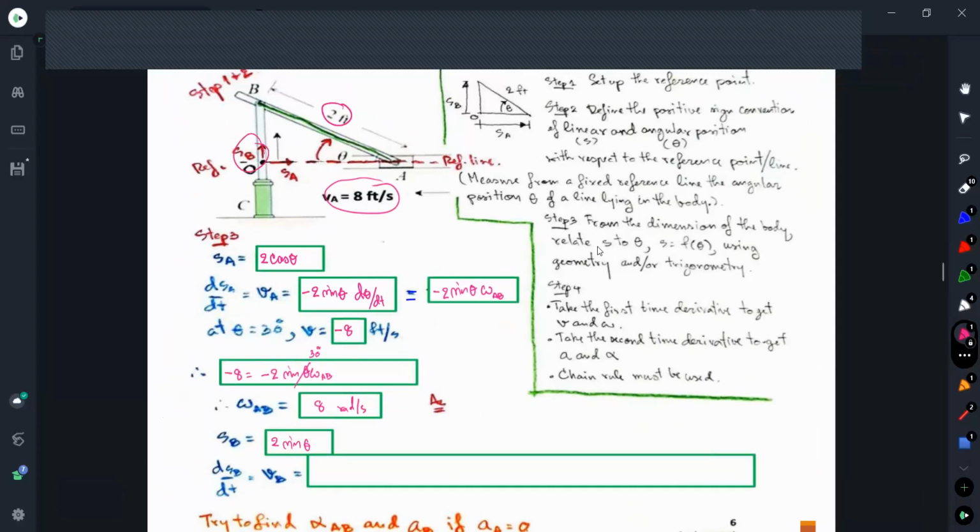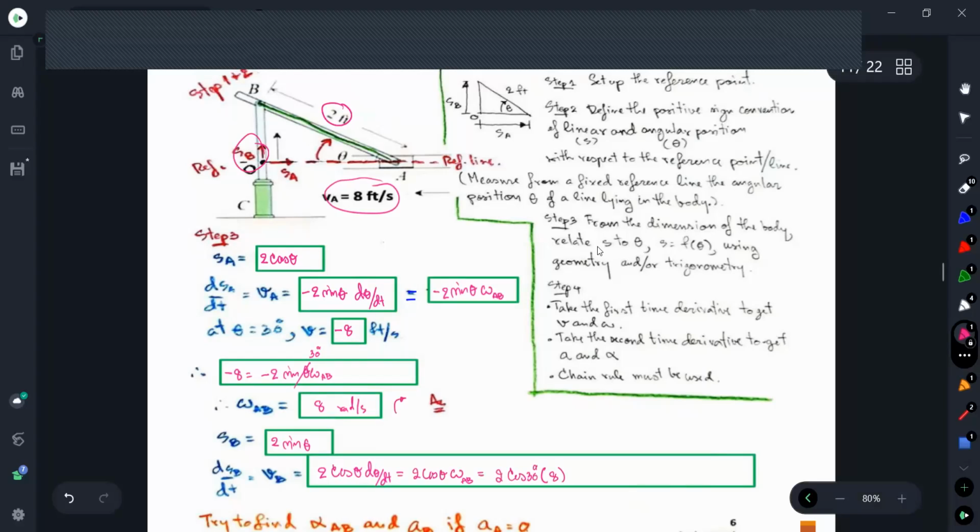We take the derivative of SB and get 2 cosine theta times d theta by dt, which becomes 2 cosine theta omega AB. Then it becomes 2 cosine 30 degrees, and omega AB we already know is equal to 8.